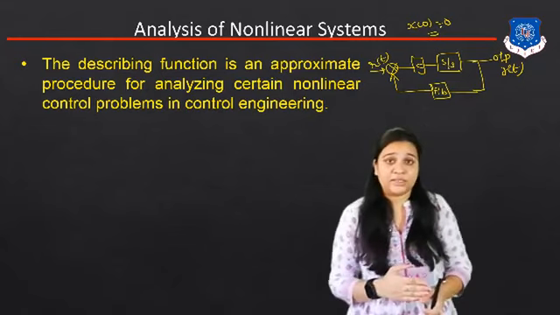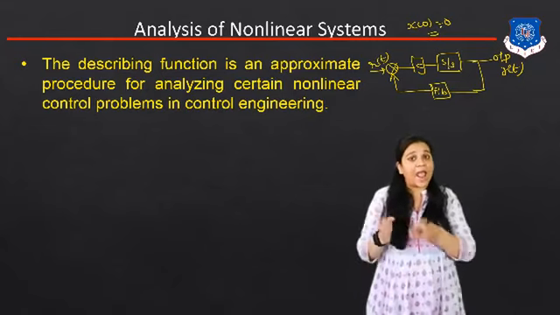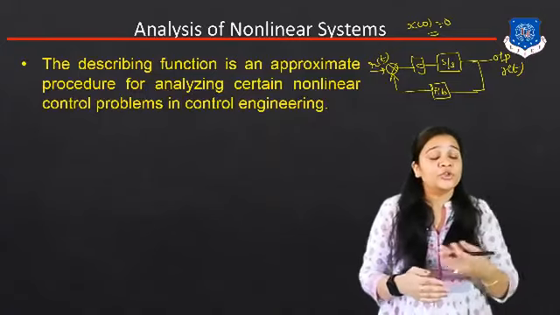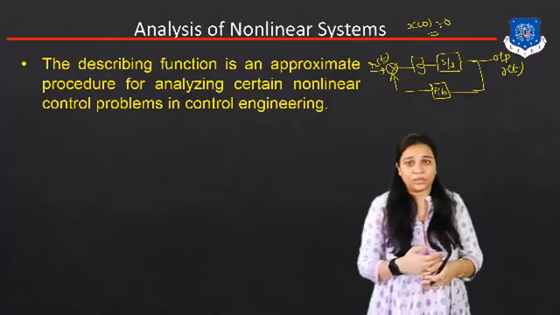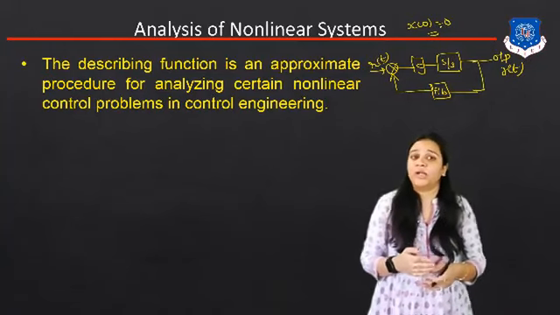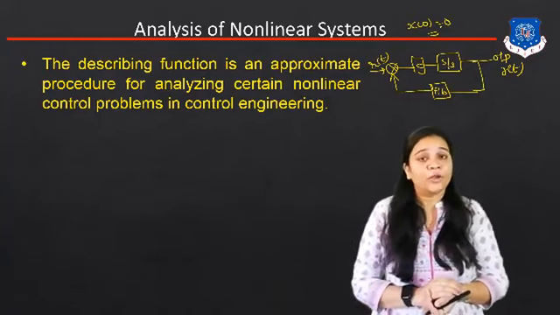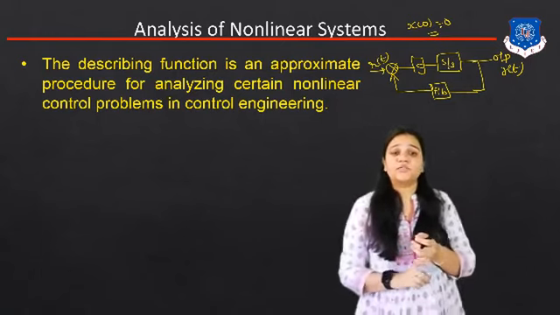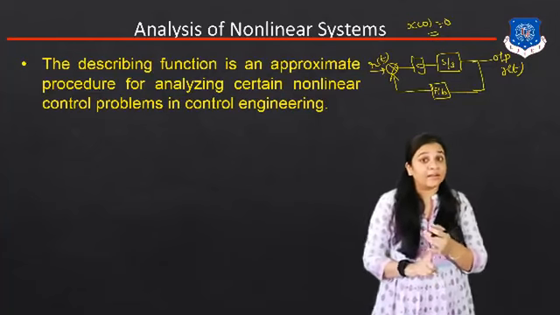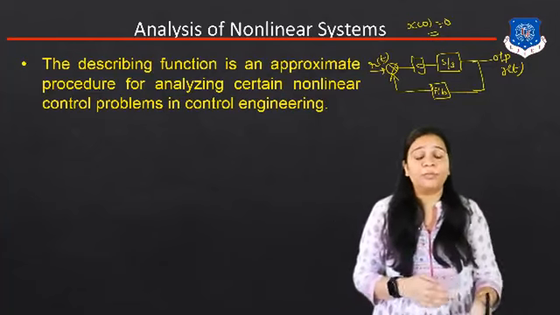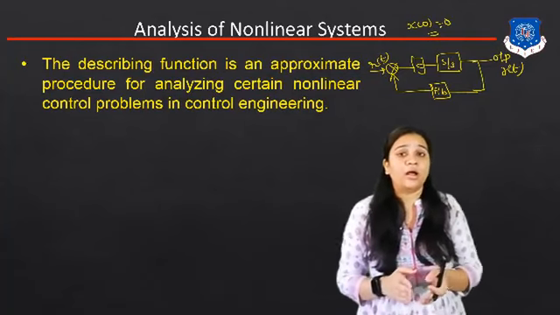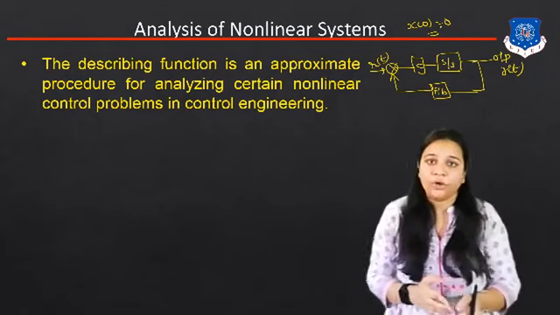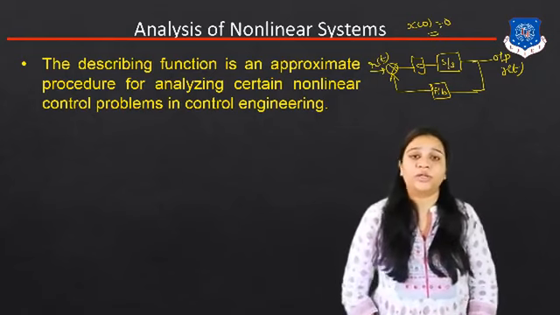But in some cases it is not possible to convert every time, so we have to apply another method to find out the stability of the system. A nonlinear system depends on three things: the first is the initial condition, the second is the amplitude of the system, and the third is how the output changes depending on the system parameters. So this is all about the nonlinear system.